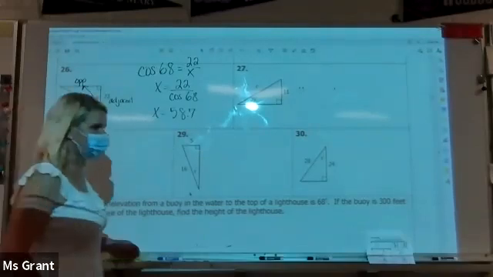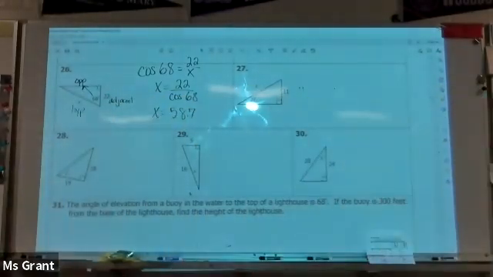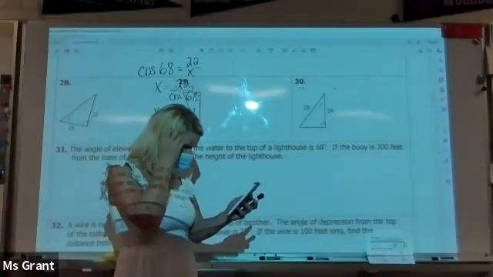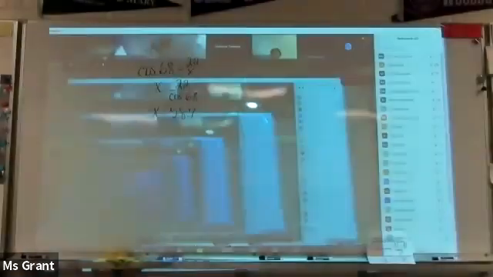Okay, let's do 31. Miss Grant, how do you input it into the calculator for like 28? Do you use second and then the sine, cosine? No, don't do second. Mine looks like this. I can show you really quick.